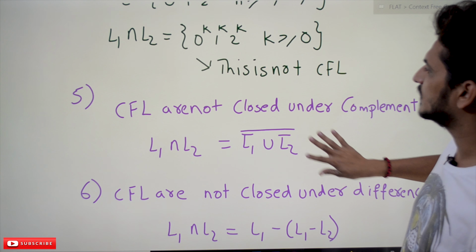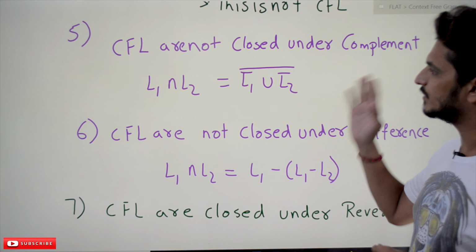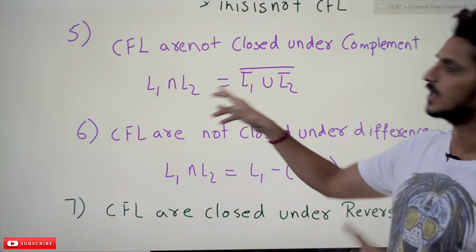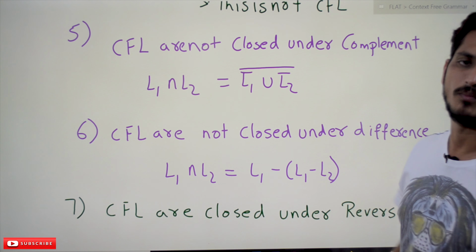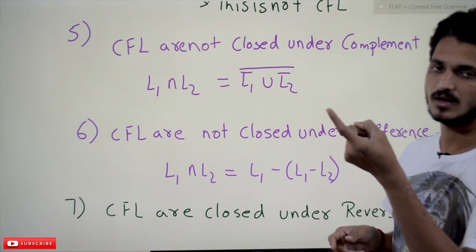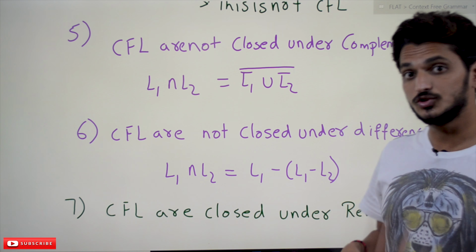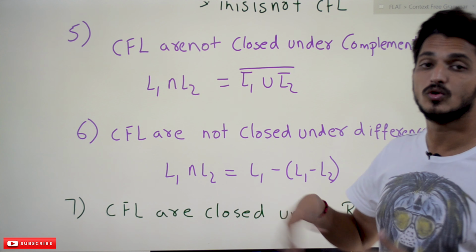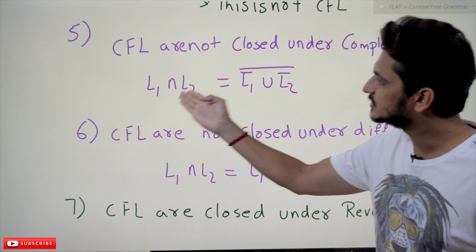Okay, now coming to the next one, context-free languages are not closed under complementation. L1 intersection L2 can be written as the complement of L1 complement union L2 complement. We already proved that context-free languages are closed under union. If you assume that complement is also closed in context-free languages, then this is a contradiction.